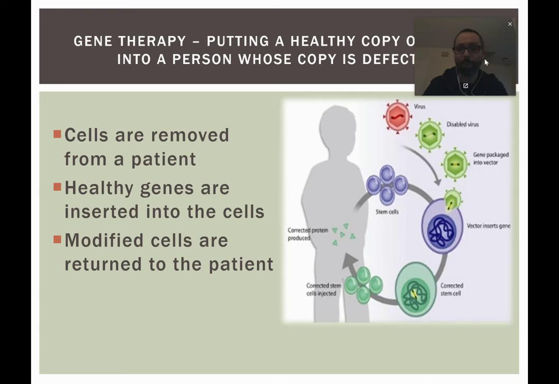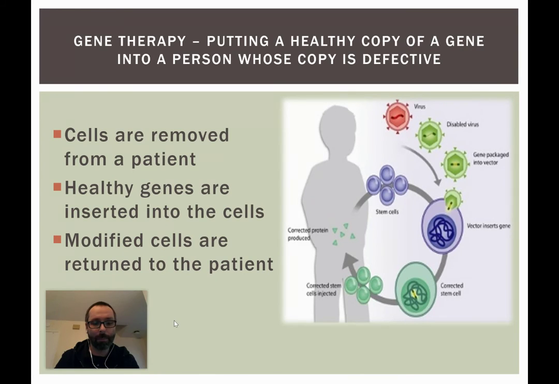A lot of what you watched last week and what you read about was about gene therapy, right? So hopefully it makes sense to you now that we would take somebody's actual cells out of their body, modify them, and then put them back into their body. And hopefully this would allow the cells to act normally and alleviate or even cure whatever symptoms are happening from their genetic disease, right?